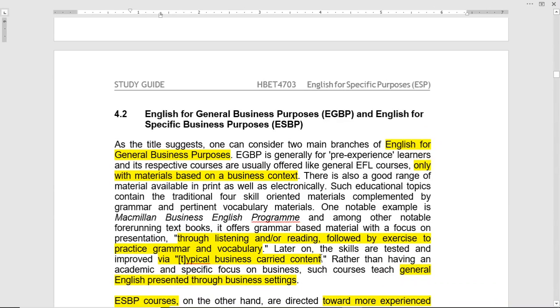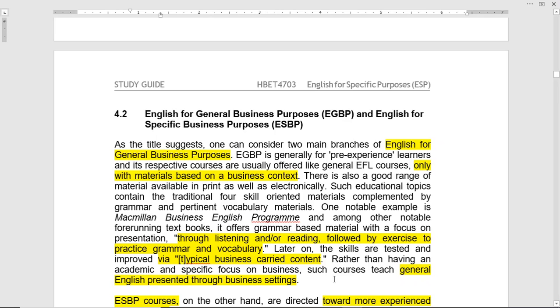So, for EGBP, for example, the Macmillan Business English Program, among other notable forerunning textbooks, offers grammar-based material with a focus on presentation, through listening and or reading followed by exercises to practice grammar and vocabulary that is used for business, typically to carry out the business, and the skills are tested and improved via typical business content.